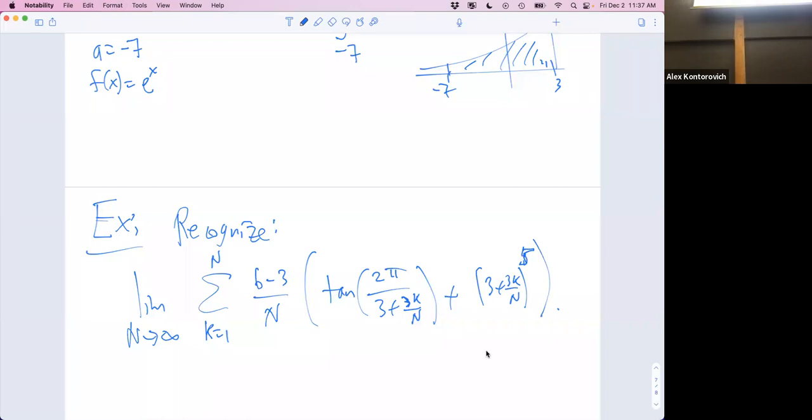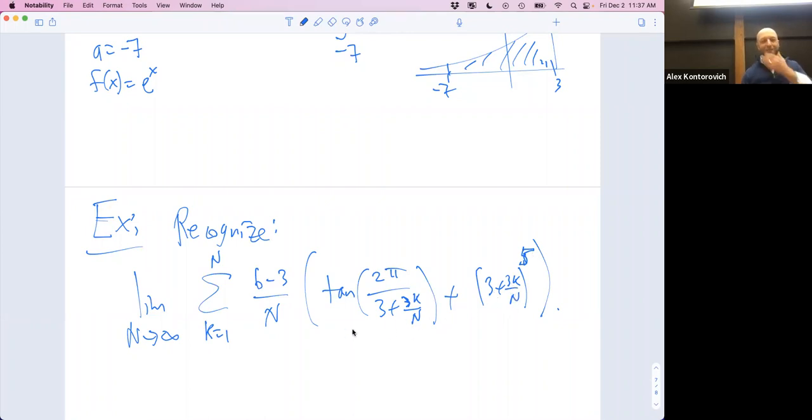Okay, it's just some stupid thing. So the limit as n goes to infinity of the sum as k goes from 1 to n of 6 minus 3 over n times tan of 2 pi over 3 plus 3k over n plus 3 plus 3k over n to the 5th.